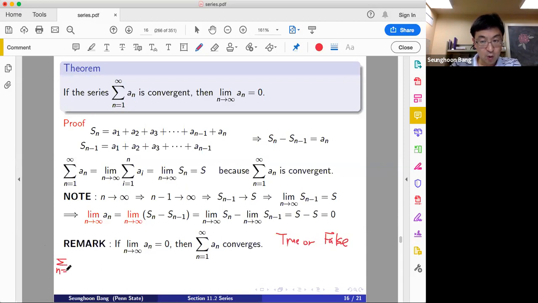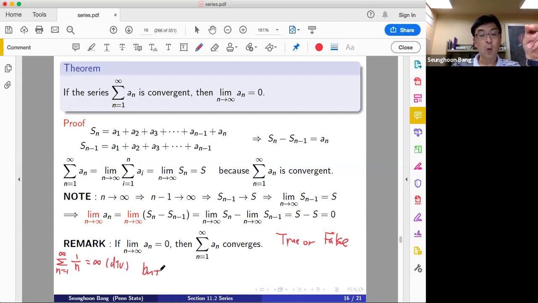The students said at first, like true, because of 1 over n, yeah, this reason. The summation from n equal to 1 to infinity of 1 over n. Is this convergent or divergent? From the previous result, the harmonic series always goes to infinity, so it is divergent.